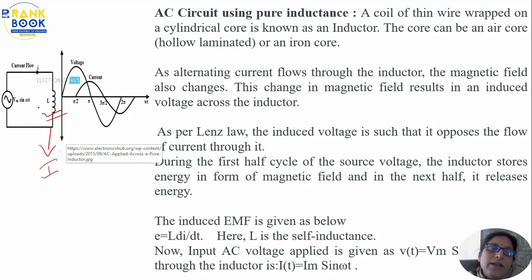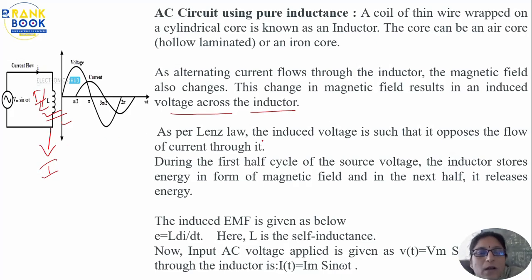As alternating current flows through the inductor, the magnetic field also changes, and this change in magnetic field results in induced voltage across the inductor. As per Lenz's law, the induced voltage is such that it opposes the flow of current through it.